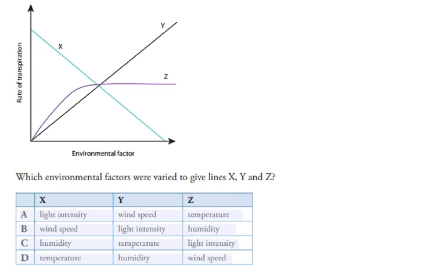So you can see X as the environmental factor is increasing, X is decreasing. So that has to be humidity.